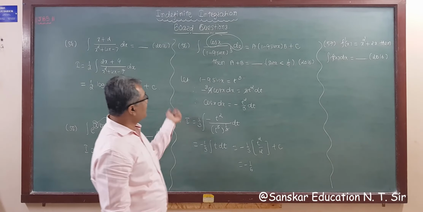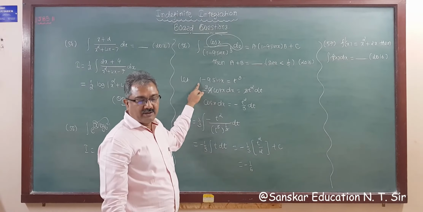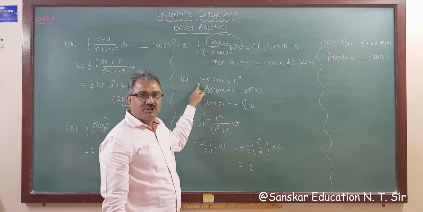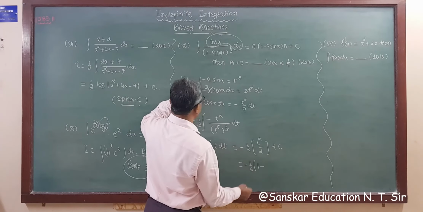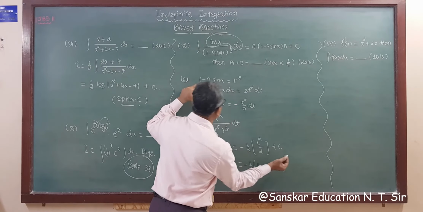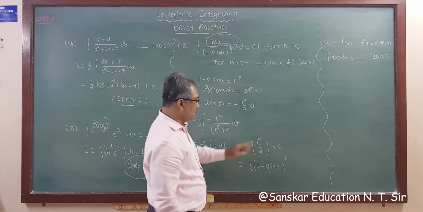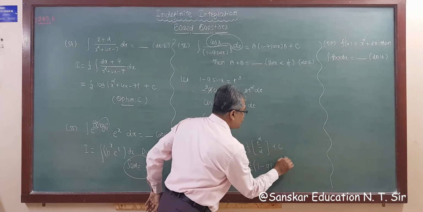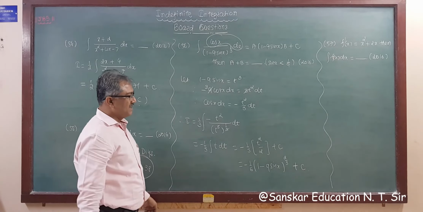So t square means you have to write this power is 3 by 2. This power is 3 by 2. Right? So this is 1 minus 9 sin x raised to, this is t cube. So this is 1 upon 3 and this is 2. So we have to write 2 by 3 plus c.